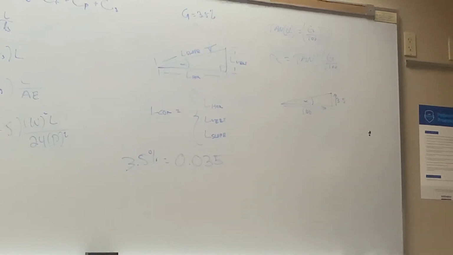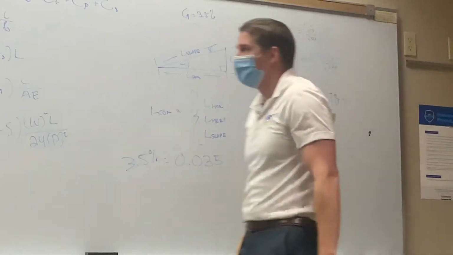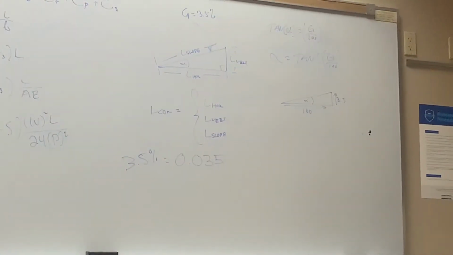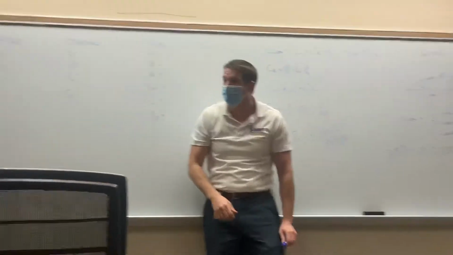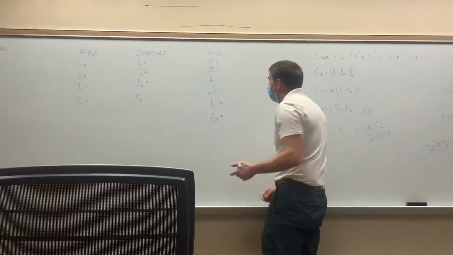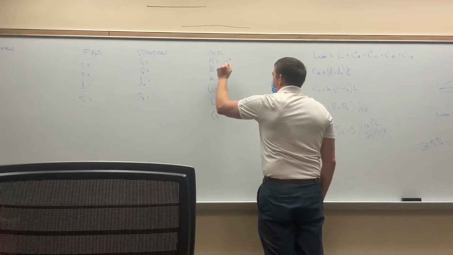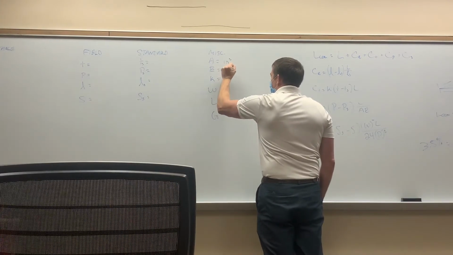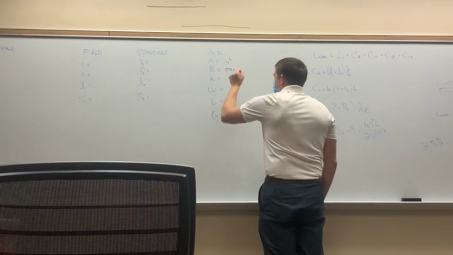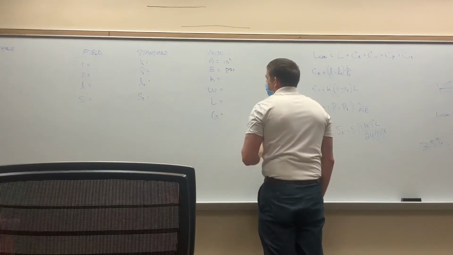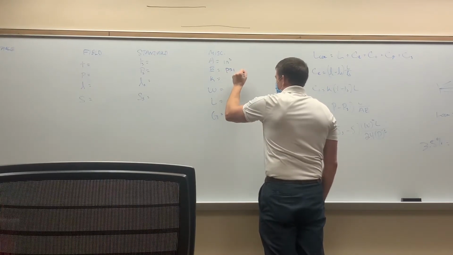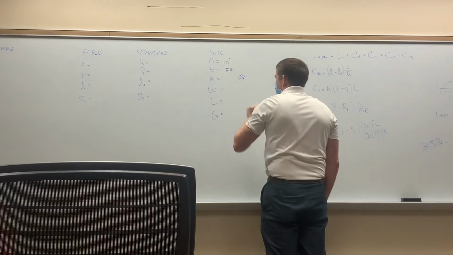So the question was, how do we know what goes where? Well, this is gonna be in inches squared. This is gonna be in PSI, or pounds per square inch. This is per unit degree Fahrenheit.